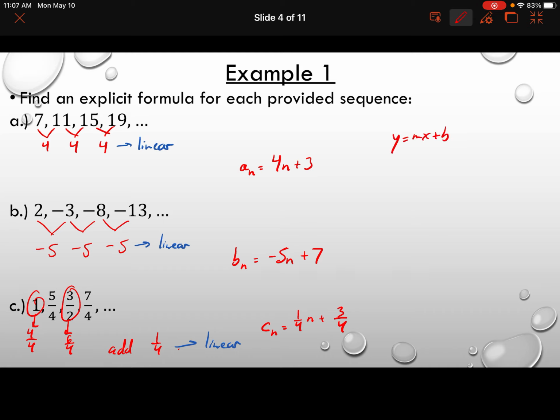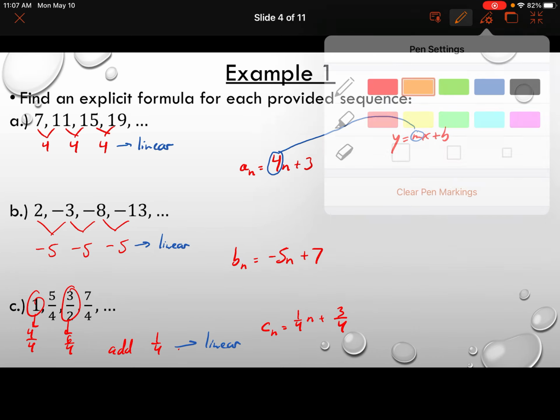So remember, going back to algebra 1, a linear equation typically has this form, y equals mx plus b, right? Or that is one form, we call the slope-intercept form, one form of a linear equation you should have learned back in algebra 1. So in this case, instead of x's, we have n's, right? In this case, you'll see that whatever our difference is, so this was always plus 4, this was always minus 5, this was always plus 1/4, whatever our difference is looks like it corresponds to what the slope of our linear equation is.